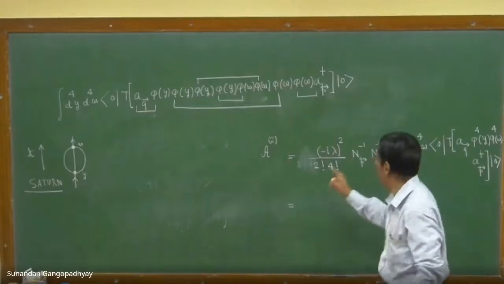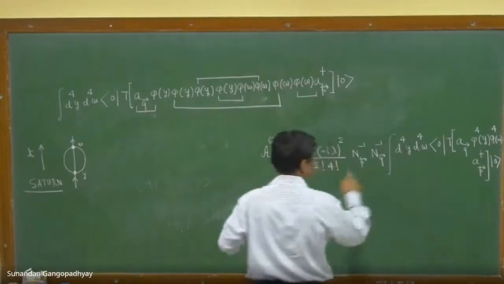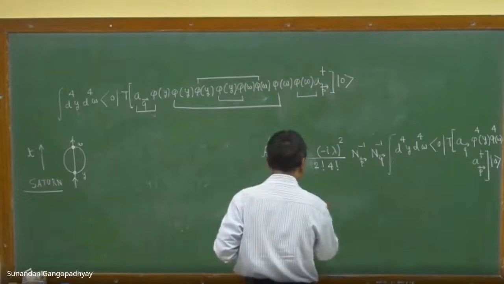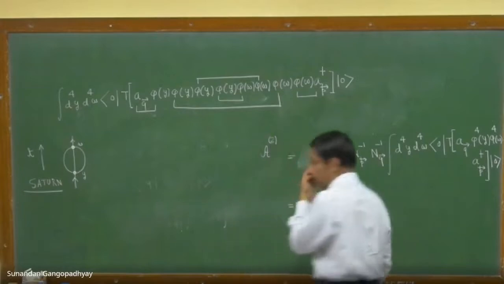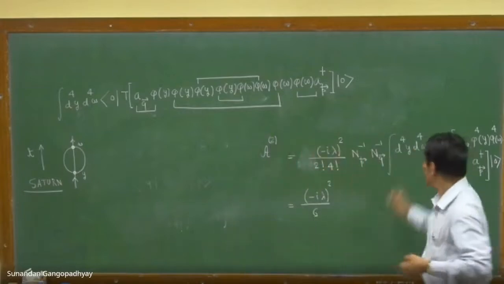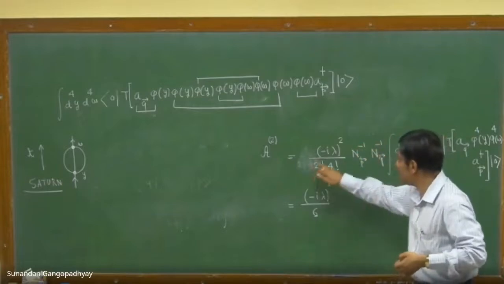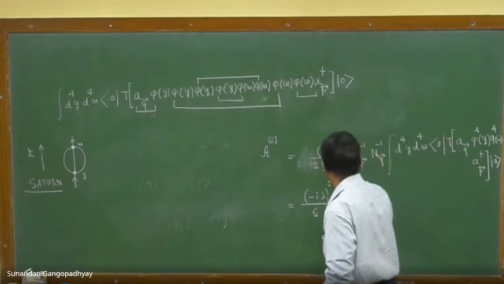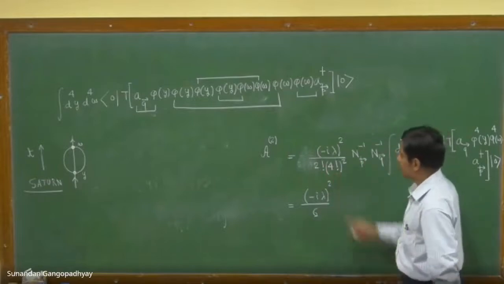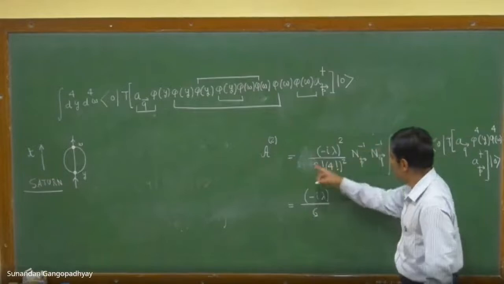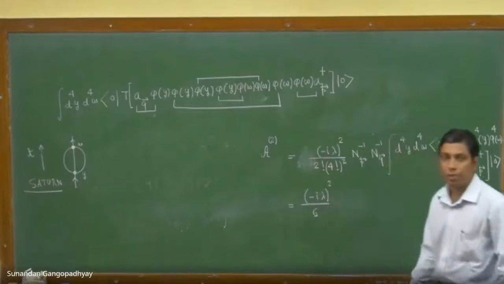That number will come outside, and once you calculate it carefully, you will see that you get a factor of 6 downstairs. This will be 4 factorial squared, and the number will cancel this factor and then give you a factor of 6.